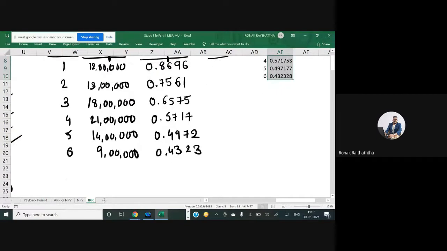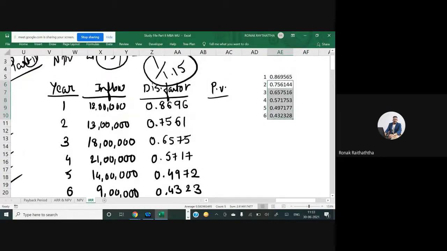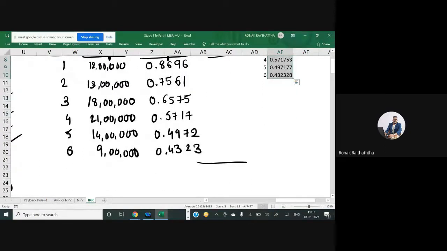So let's multiply the inflows and discounting factors. We get the PVCI. What do we get as a PVCI? Can someone tell me, please?